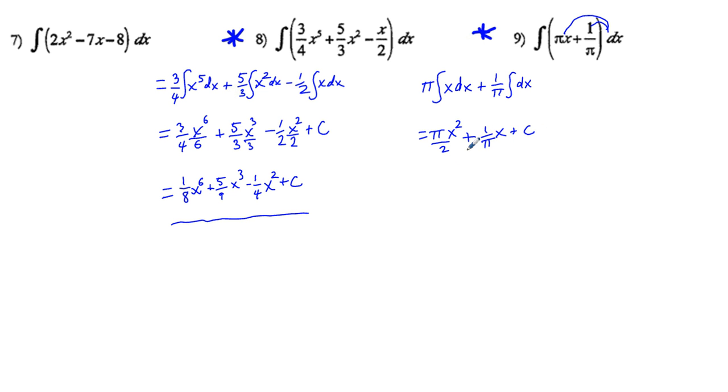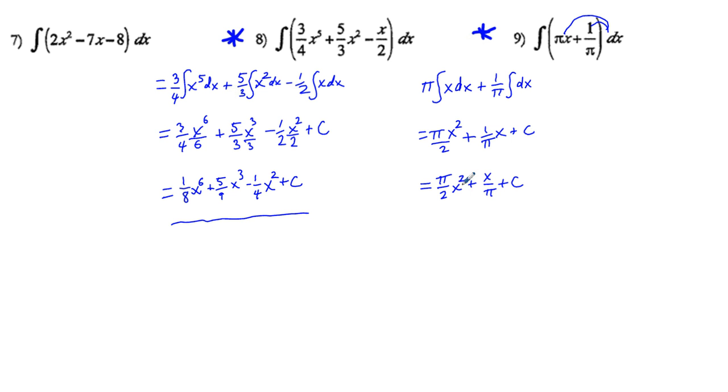And finally, there's not a whole lot left to do to rewrite this thing. We're going to have pi over 2 x squared plus, we could write this a bunch of different ways. We could write this as x over pi plus c.